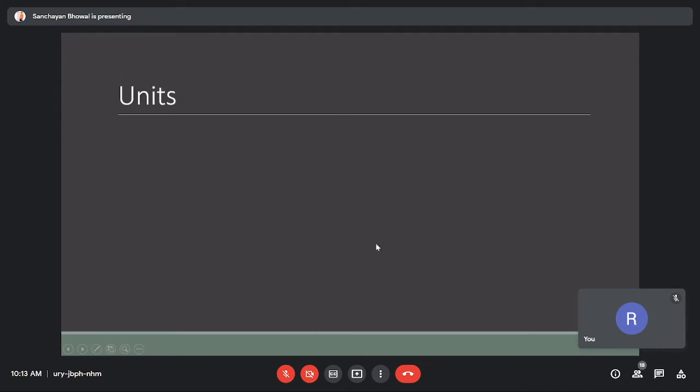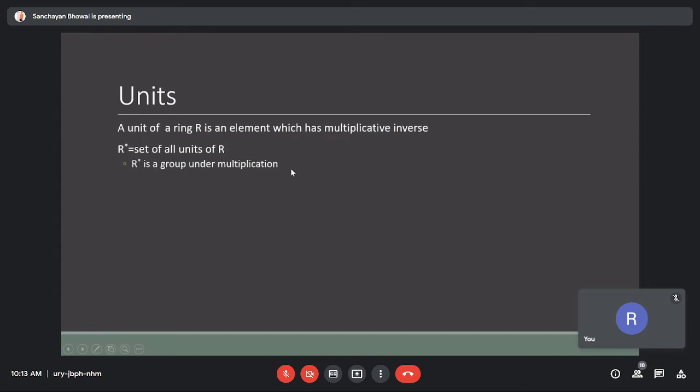Now some more definitions. Units. What are units? Units are those elements in a ring which have a multiplicative inverse. Now we take the set of all units of R, and notice that this forms a group under multiplication. Why is that? Because everything has a multiplicative inverse and the other properties already hold.